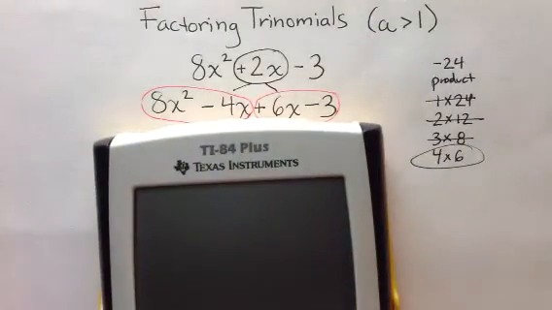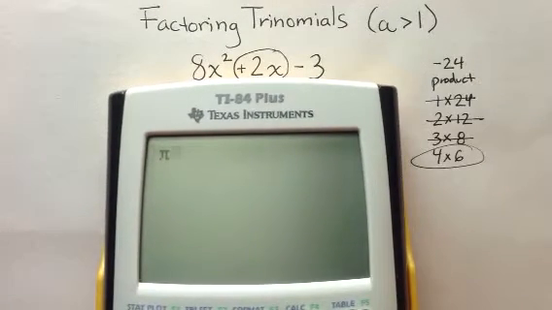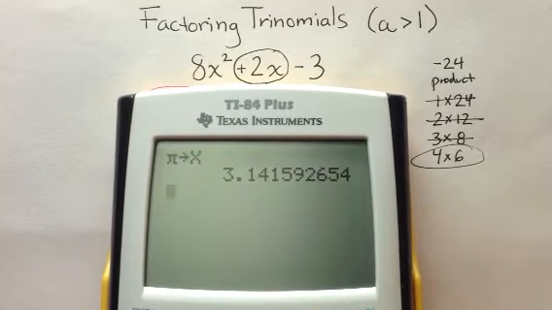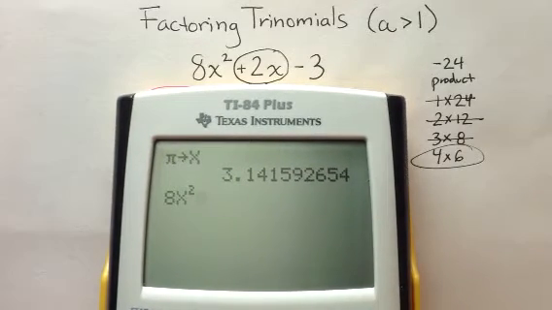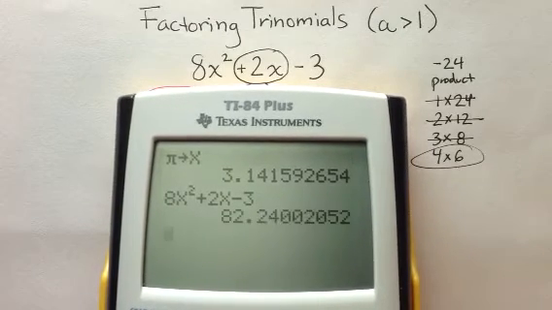Okay, so I'm going to store a nasty number in for x. I'm going to use pi. I'm going to put in my original expression, 8x squared plus 2x minus 3. Find out what it is.